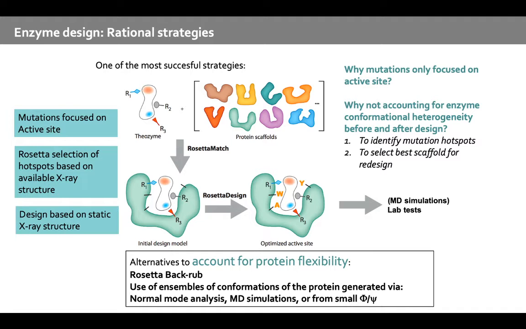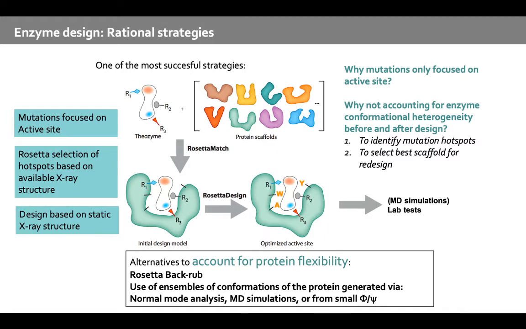And second question, depending on the conformational dynamics and which conformational states the enzyme already presents, can we use this information to select the best scaffold for redesigning? And this is, for example, related to the ancestral reconstruction by Kamerlin that they are recently doing. So these are the questions that we want to answer.